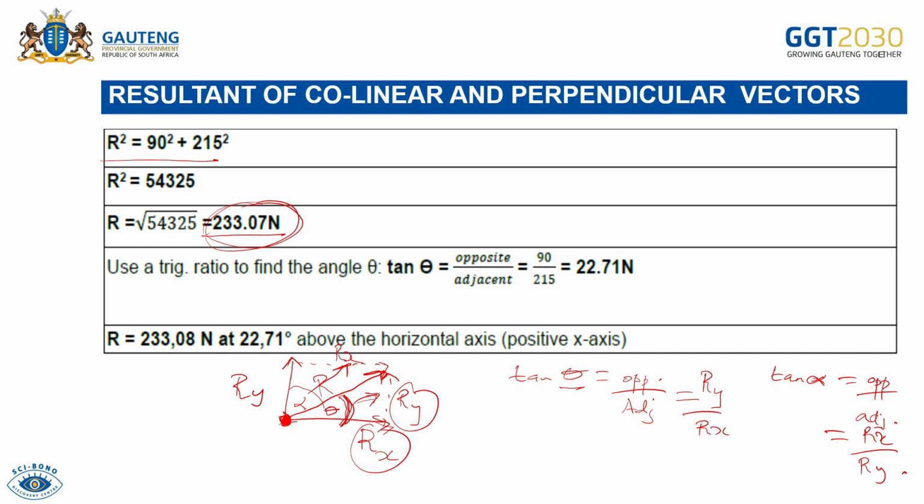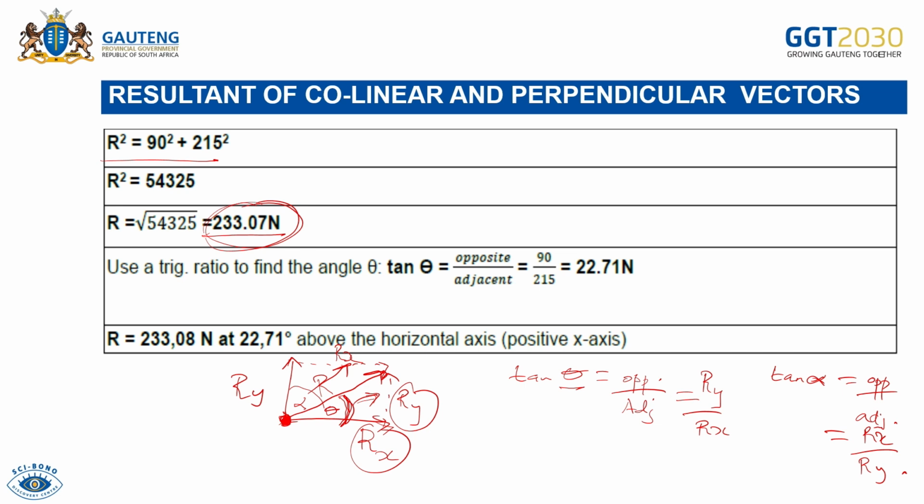So they will choose for you, right? But when they say by means of calculations, you are just drawing this rough sketch either using tail-to-tail or tail-to-head so that you will be able to see the angle, right?